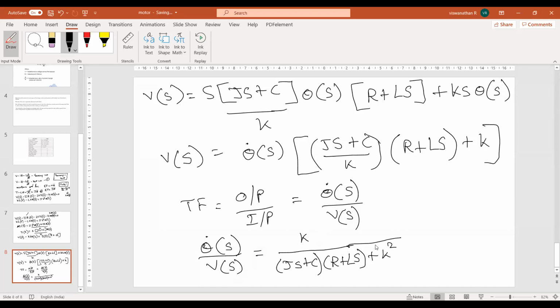Okay, so this is what you get when you take theta dot of s divided by V of s.